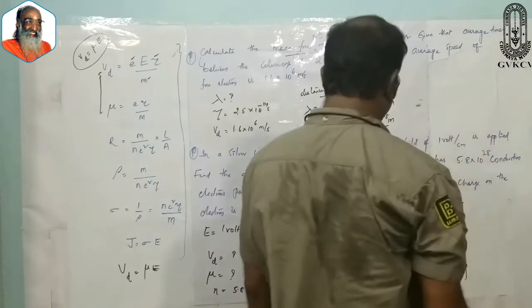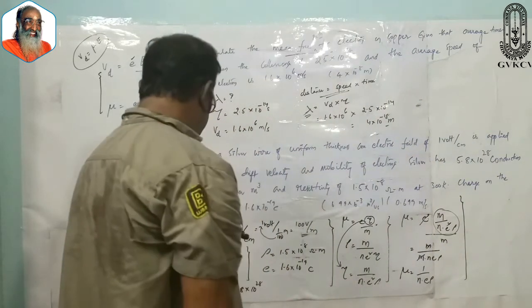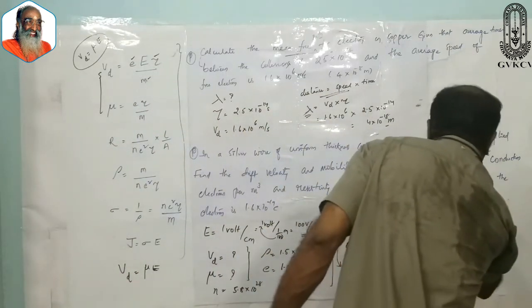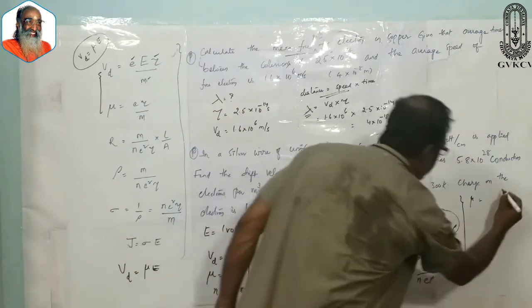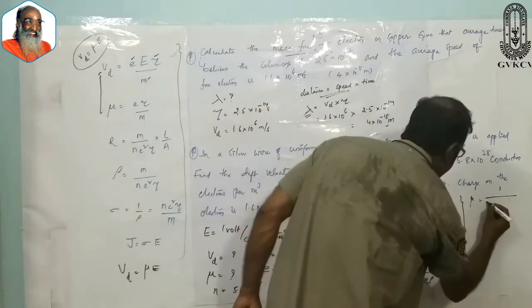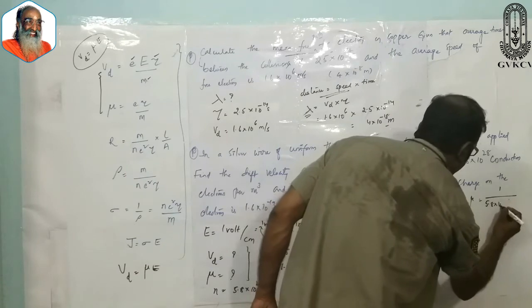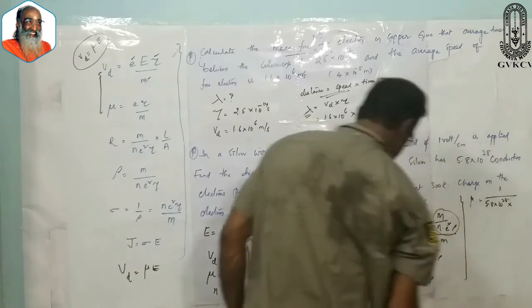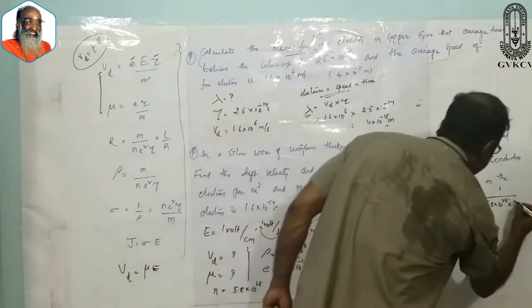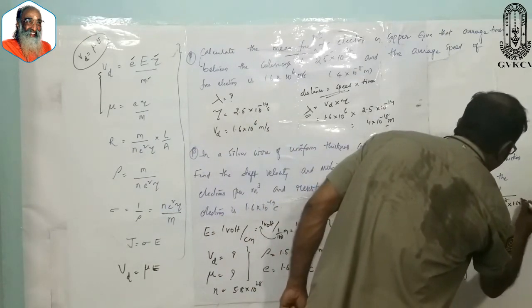So N we have, E we have, rho we have. So substitute that mu is equal to 1 by N. What is N here? 5.8 into 10 to the power of 28 into E square. E is 1.6 into 10 to the power of minus 19. And rho, what is rho?